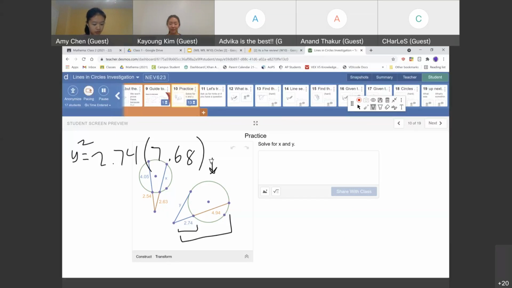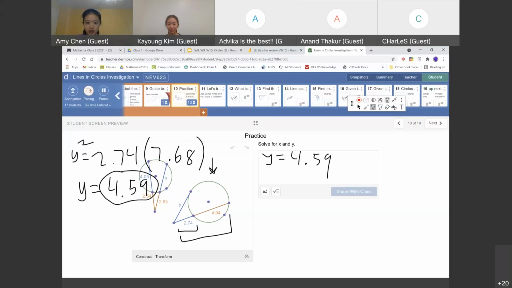If you take the square root of that, you get y equals around 4.59. So if you have anywhere around 4.59 or, I don't know, 4.57, that's good. So y equals 4.59. Any questions about that question?